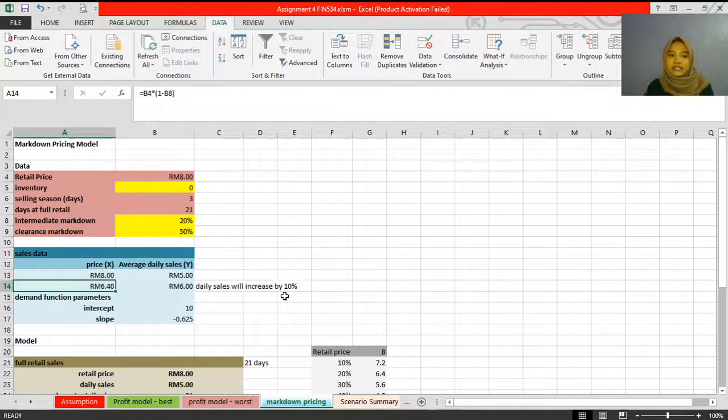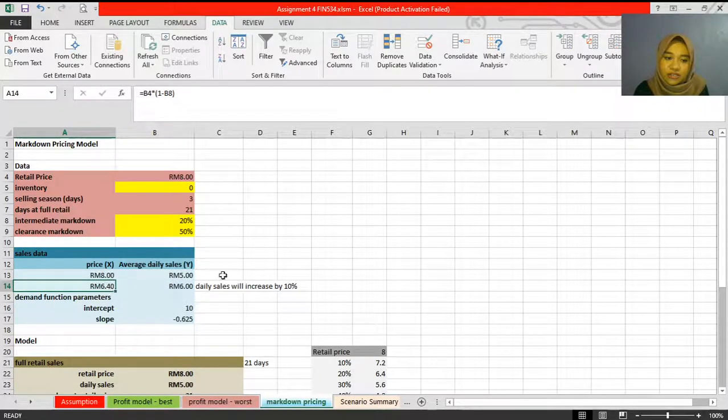If my daily sales increase by 10%, I will get 6 ringgit and 40 cents, which is from the retail price I multiply with 1 minus the intermediate markdown 20%.